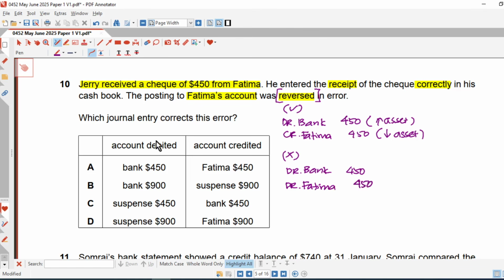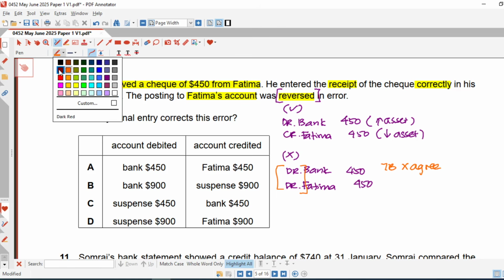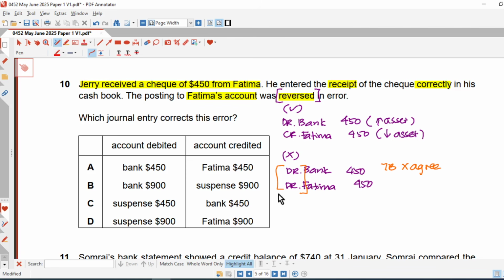So you can see, similar to the previous question, we actually have double debits. So when there's a double debit, the trial balance will not agree. Right? Trial balance doesn't tally. So we need to make use of a suspense account.